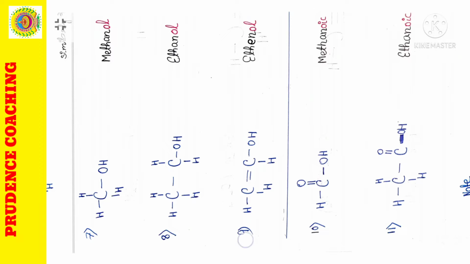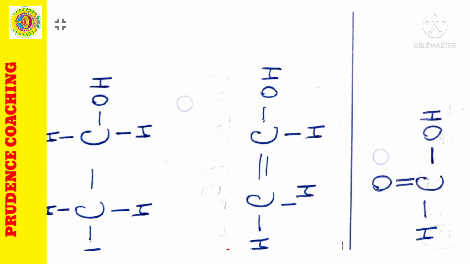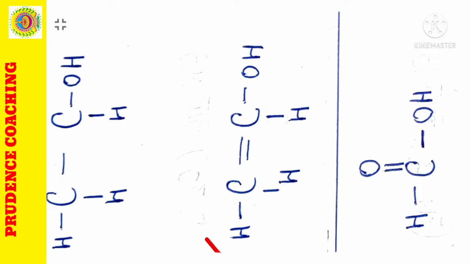Now let us move on to number 9. So here, as you can see, we have two C's, that means meth, eth. So you will write the prefix as eth. Now as you can see, between this carbon we have double bond instead of single bond.